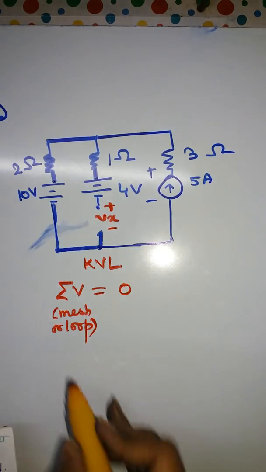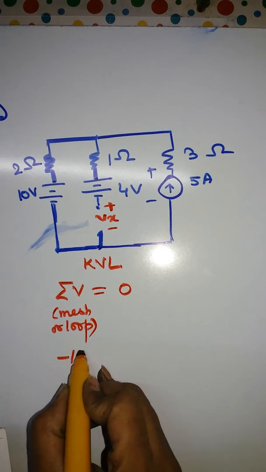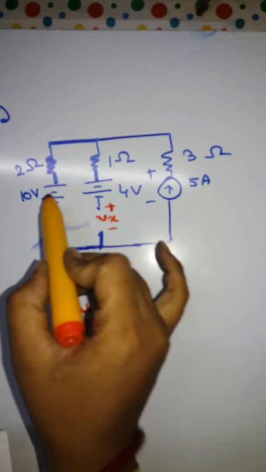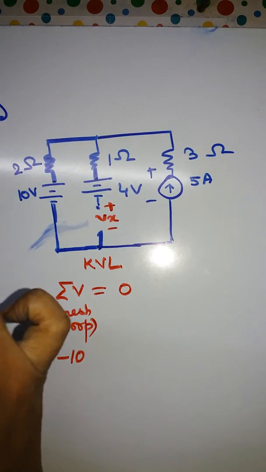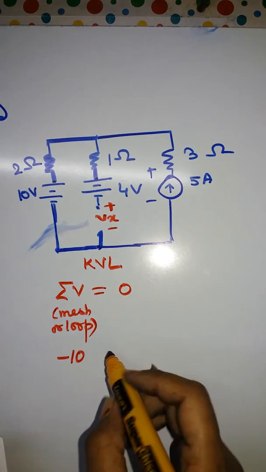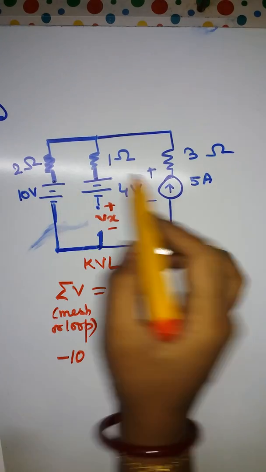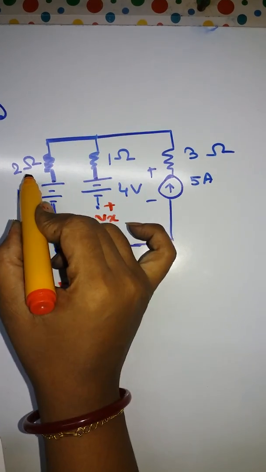The first voltage is, let's do summation, minus 10. Of course this voltage will take, but the voltage across this 2 ohm resistance is also necessary, right? So minus 10, and the current which is flowing is 5.